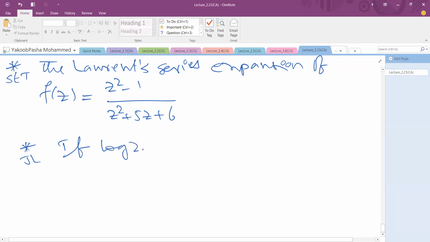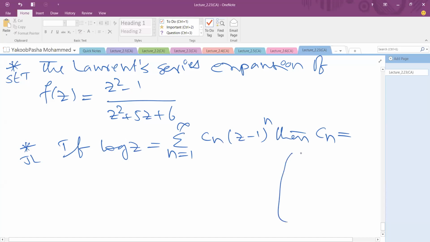If log z is equal to summation n is equal to 1 to infinity Cn (z minus 1) whole to the power of n, then Cn is equal to, we have options here.